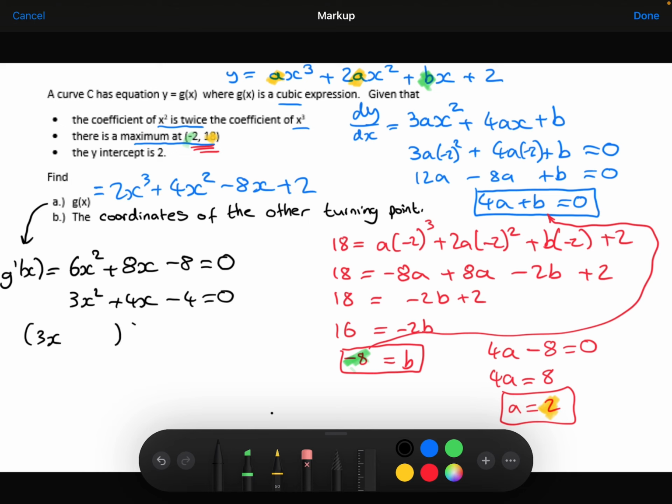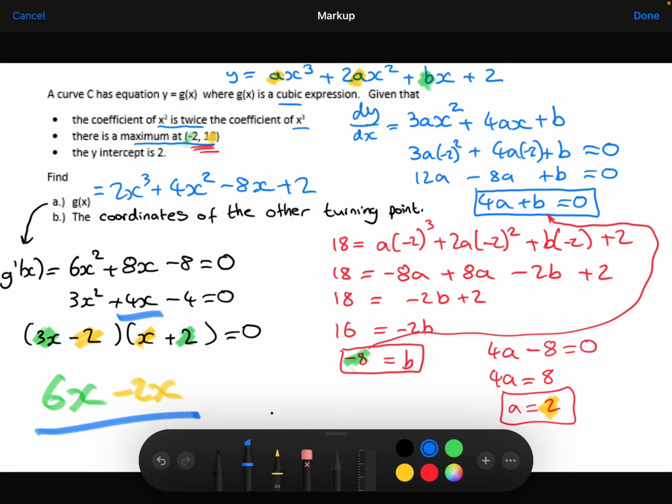And to factorise, it needs to be a 3x and an x to get the 3x squared. To get the minus 4, I think it's going to be a plus 2 and a minus 2. I think that way round, because that way I will have the 3x times the 2, which will be 6x. The minus 2 times the x will be minus 2x.